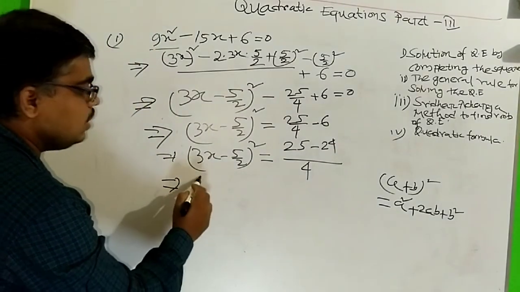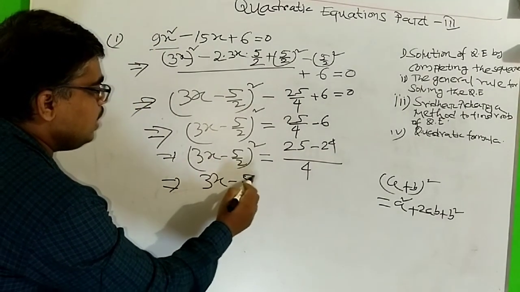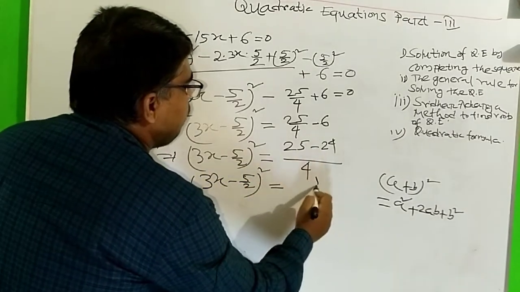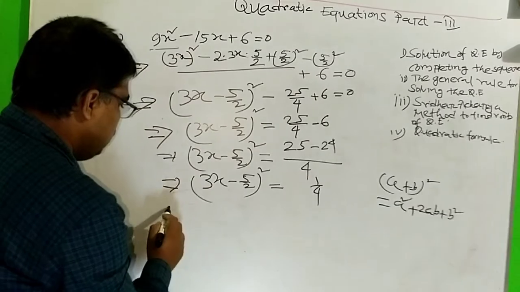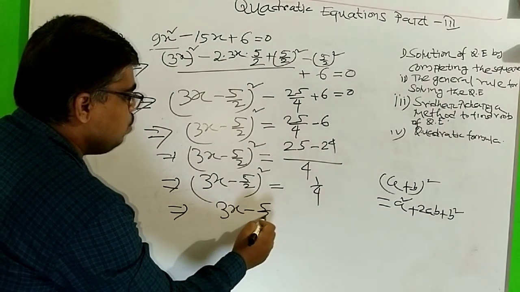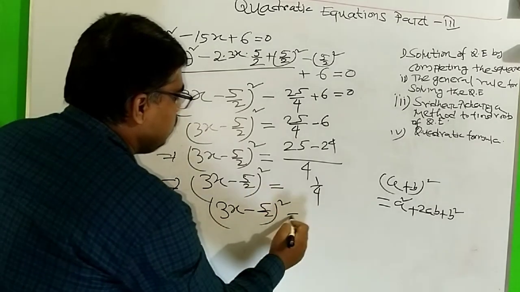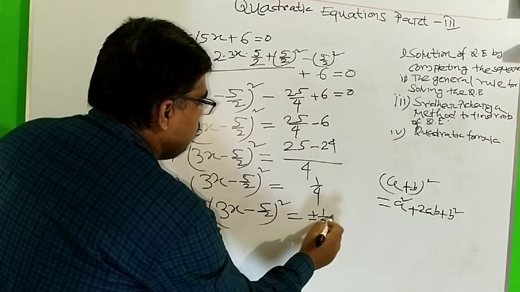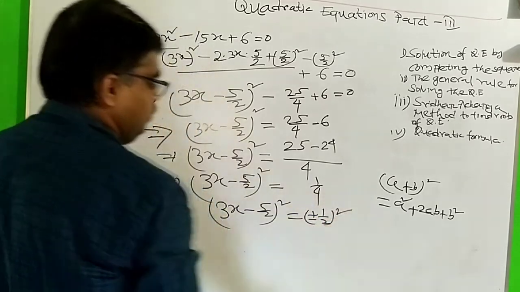This implies 3x minus 5 by 2 whole square is equal to 1 by 4. This implies 3x minus 5 by 2 is equal to plus minus 1 by 2 whole square.